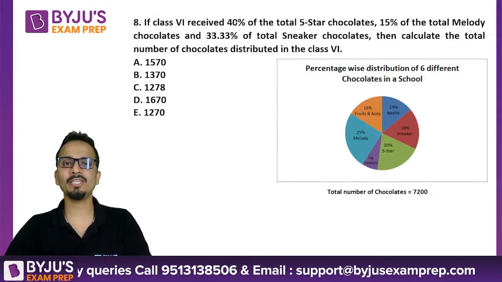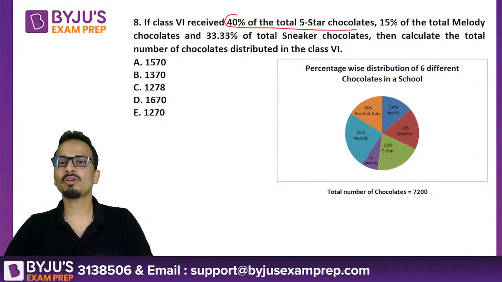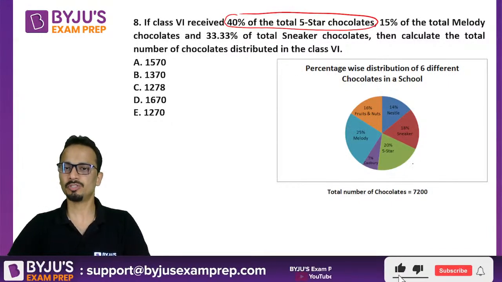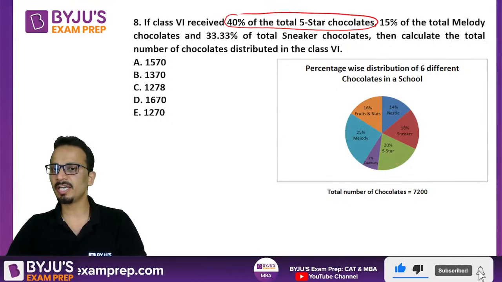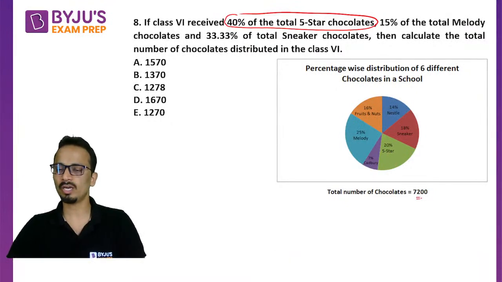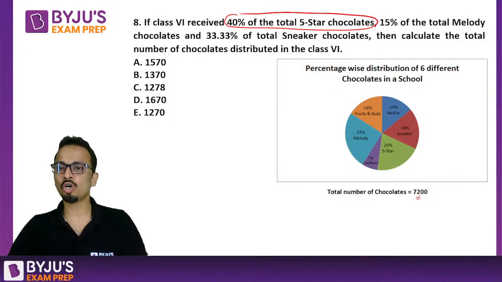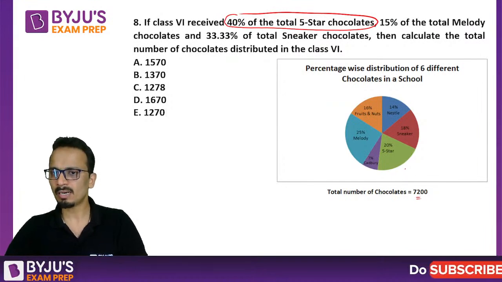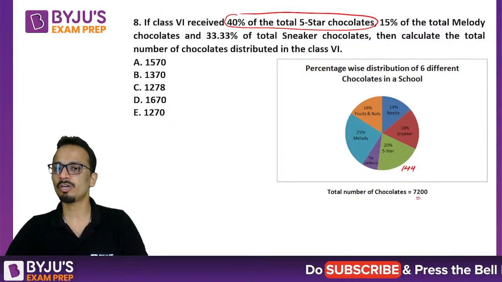So first of all, I need to find out total number of 5-star chocolates, so which is 40%. A 5-star का share कितना है? 20%. 20% of 7200. Now 20% of 7200 comes out to be 1440.